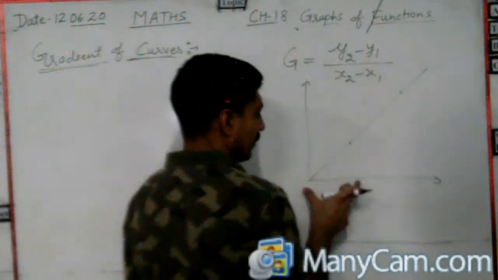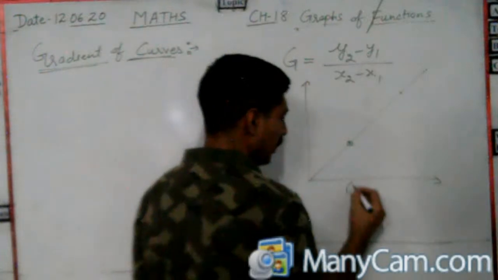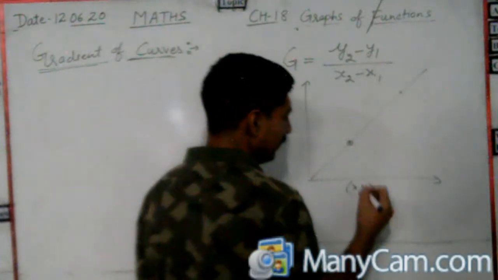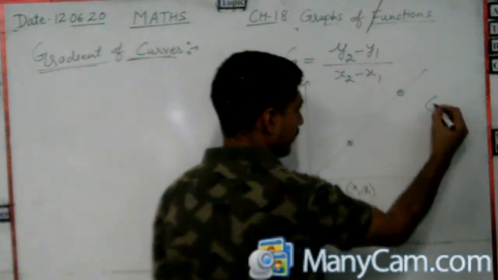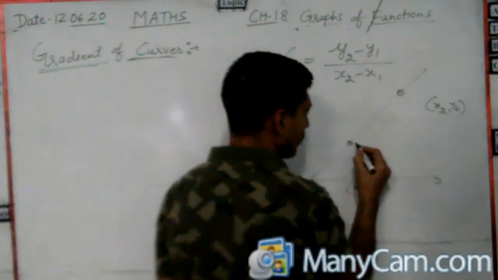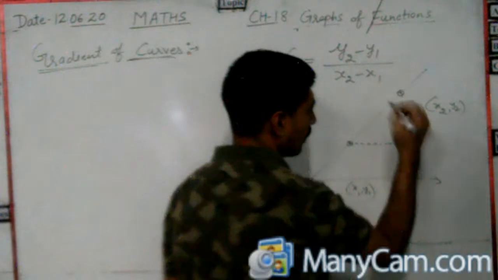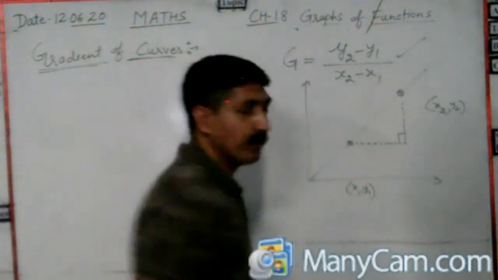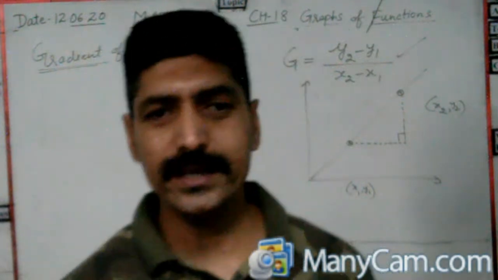This point is your x1, y1 coordinates, and this point is your x2, y2. Then the gradient is y2 minus y1 upon x2 minus x1.